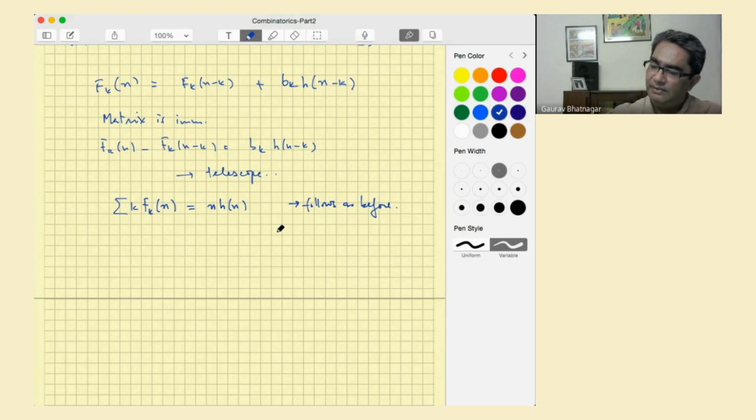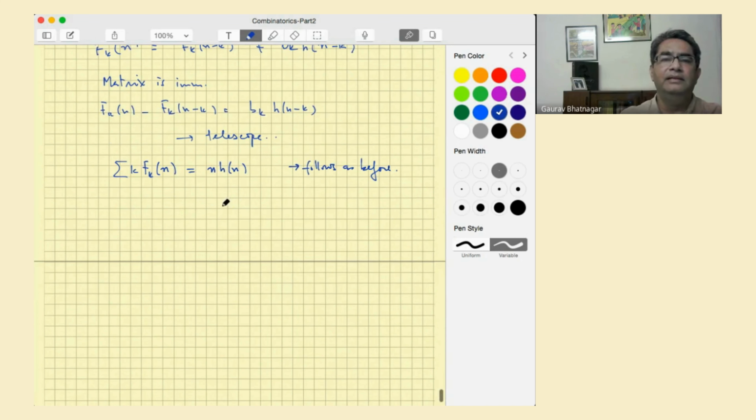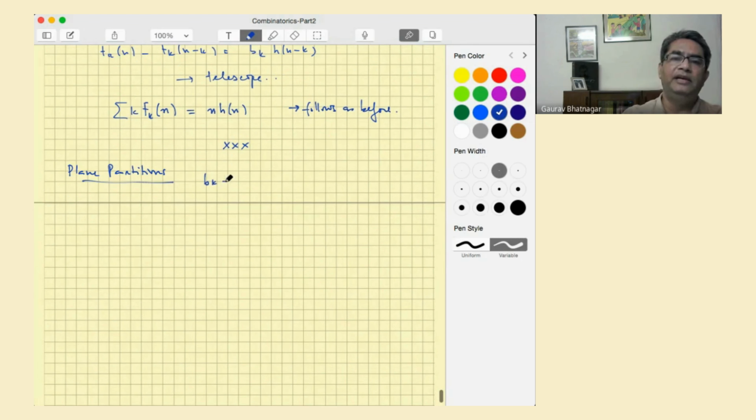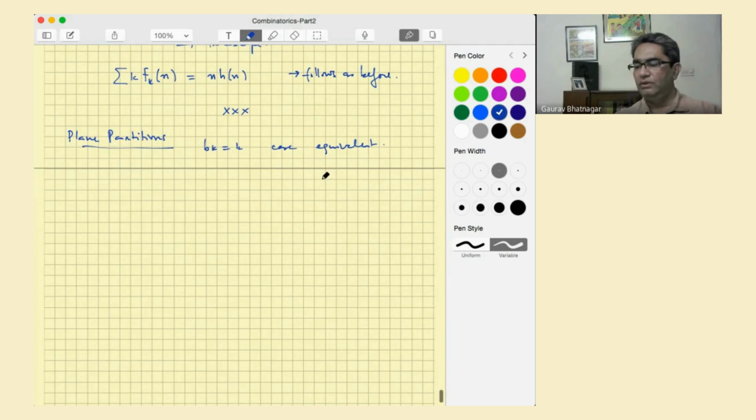Okay, so I also wanted to define what plane partitions are, because this particular bk equal to k case is equivalent, but it's not so trivial to show that they are equivalent.